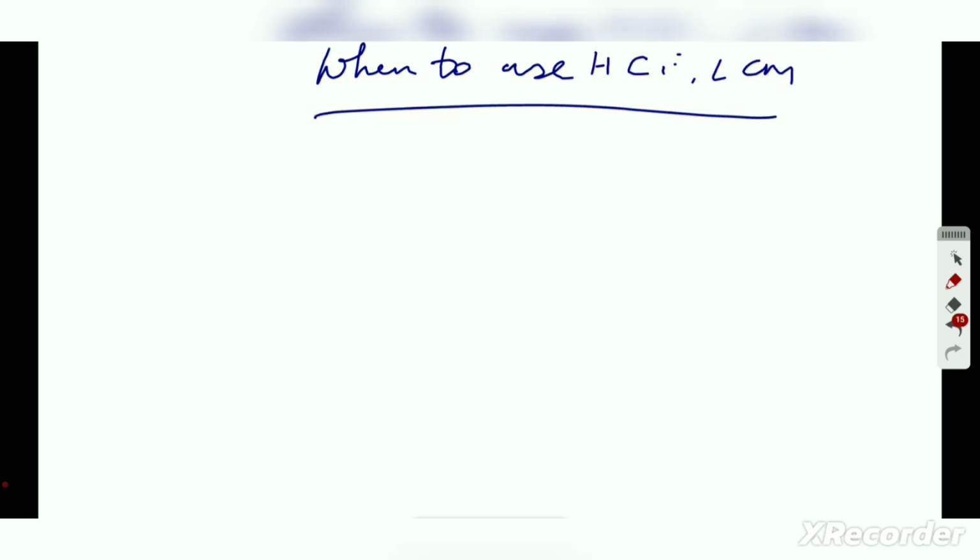Where do we actually use this HCF and LCM? What is the use of learning about HCF and LCM? We use HCF when we want to divide something into smaller equal parts.